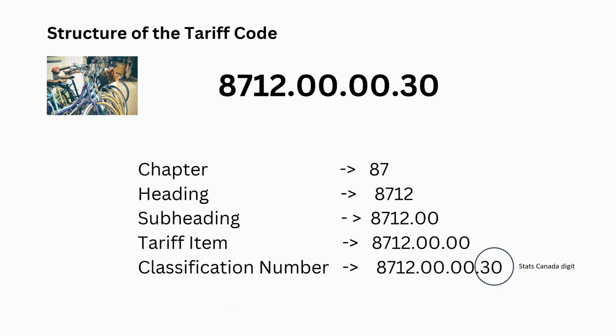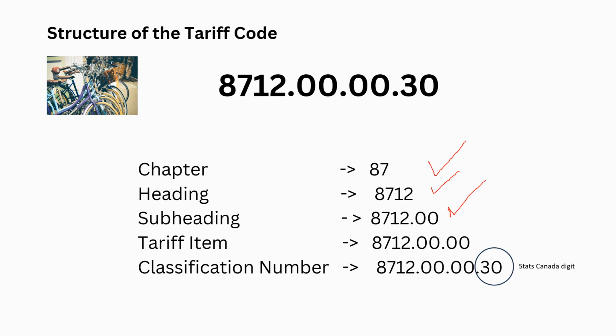What is the structure of the tariff code or the HS code? Well, the first two digits are what we call a chapter. Then we have a heading. Then we have a subheading up to 6 digits. This is the one that we say is international. And then we start calling it a tariff item up to the 8th digit.